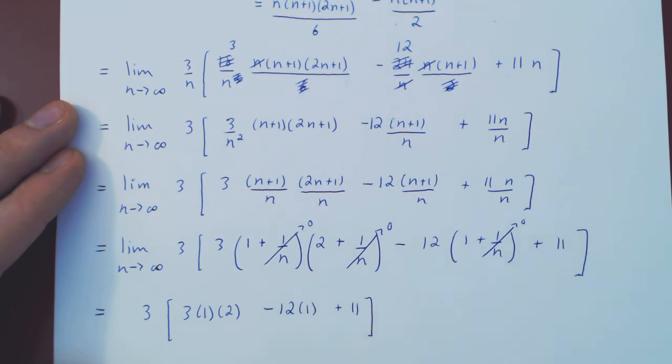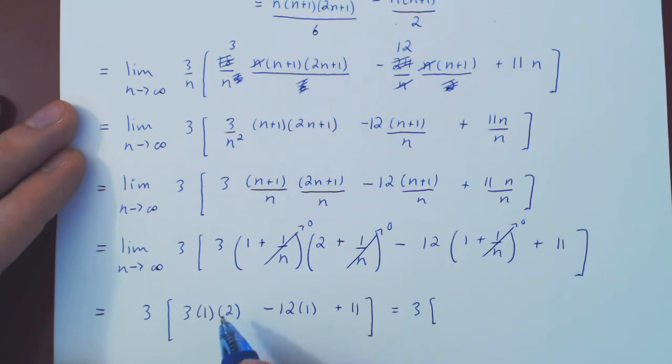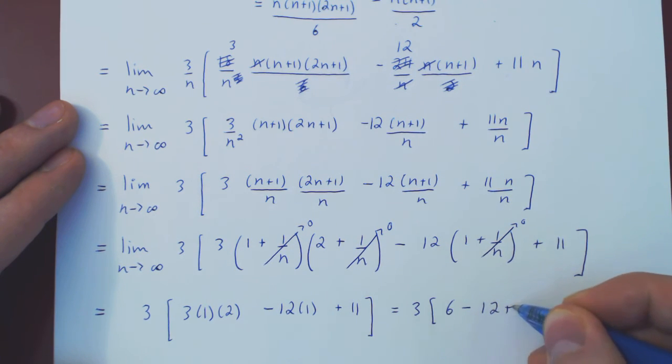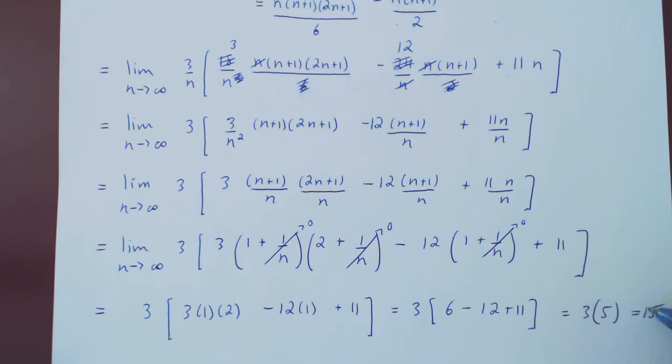And now we can just evaluate this. 3 times 1 times 2 is 6, minus 12, plus 11. But 6 minus, or actually do it this way, negative 12 plus 11 is negative 1, 6 minus 1 is 5, and 3 times 5 is 15. So we catch our breath here and remind ourselves, what's this 15 about?